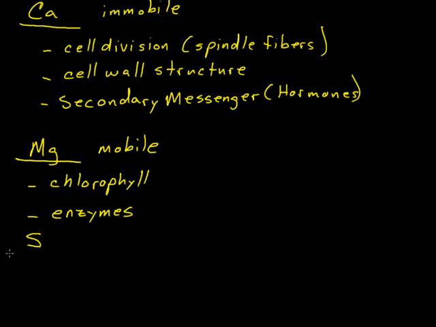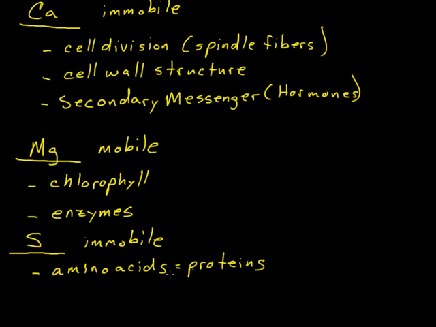The last of the macronutrients is sulfur, symbolized by capital S. Sulfur is immobile within plants, and its deficiency symptoms should turn up, therefore, in the younger tissues first. Sulfur is a structural component in many of the amino acids. And as we said under nitrogen above, amino acids equals proteins.